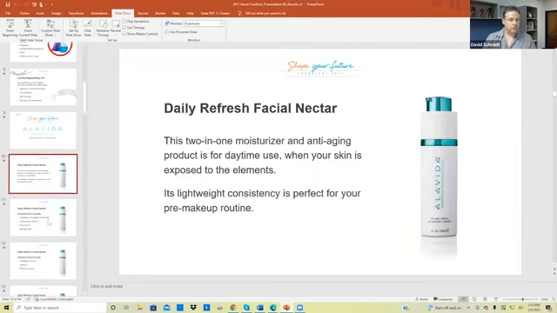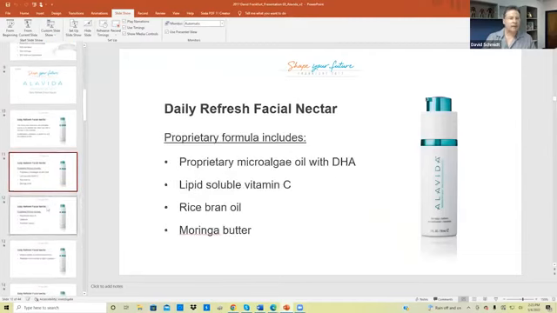So if we look at the daytime formula, we decided to base this around a microalgae that's rich in DHA. DHA is an omega-3 fatty acid, and it declines with age. We also wanted to have a lipid-soluble vitamin C. Now, our product is over 98% natural.